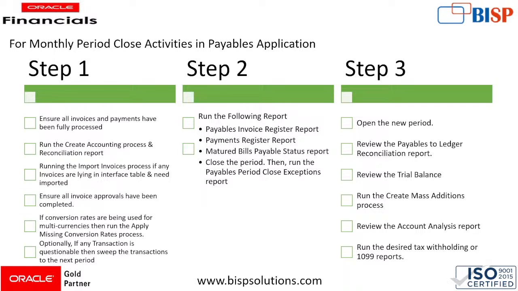Next, review the payables to ledger reconciliation report. This will show anything that could have slipped through the cracks while running through the previous steps, and as mentioned before, will allow you to drill down and see what the exact issues are.